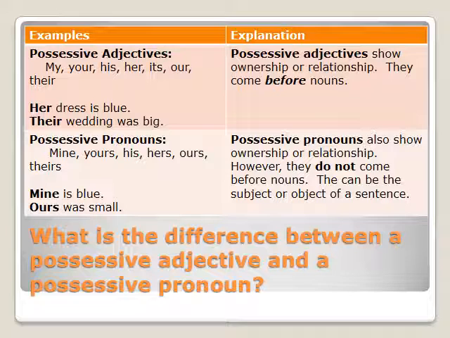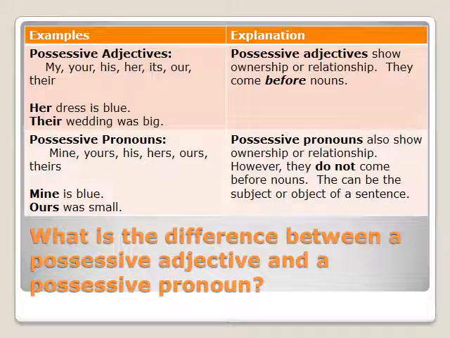The possessive adjectives are my, your, his, her, its, our, and their. But whenever we have a possessive adjective, we need a noun that follows it. So we say her dress is blue instead of her is blue. Their wedding was big instead of their was big. So these possessive adjectives have to come before nouns.